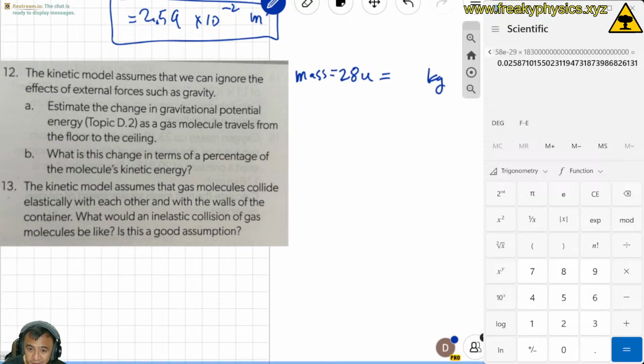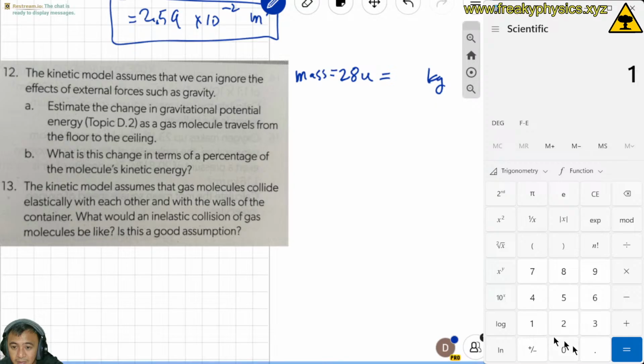So this is going to be extremely tiny, right? 1.661 times 10 to the negative 27, and then we're just going to multiply that by 28. That's still going to be extremely tiny.